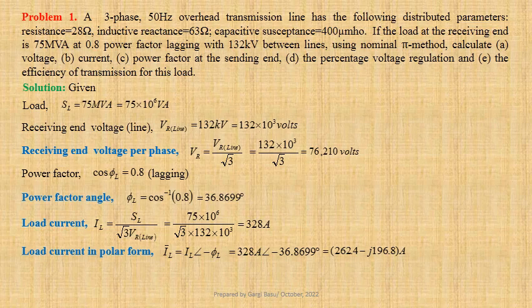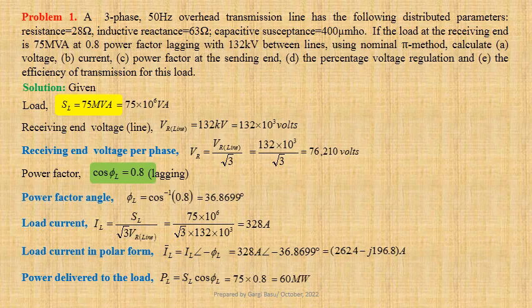Now we shall compute power delivered to the load. PL equals SL into cos phi L. Using values we get 75 into 0.8, that is equal to 60 megawatts.